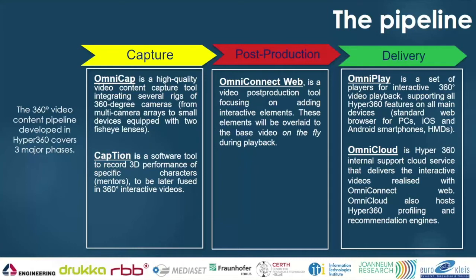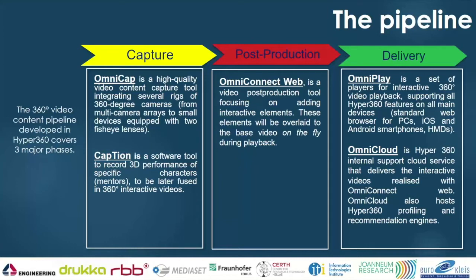Then there is the Caption tool for recording 3D performances of humans, which can be later fused into the 360 video. Then in the post-production phase, we have the OmniConnect tool, a web-based tool for annotation and adding all these interactive elements of the 360 experience.